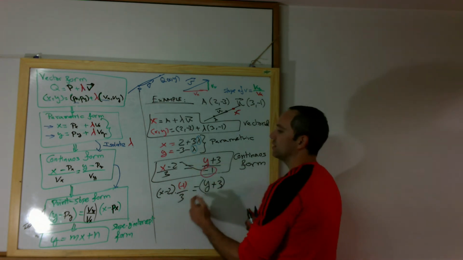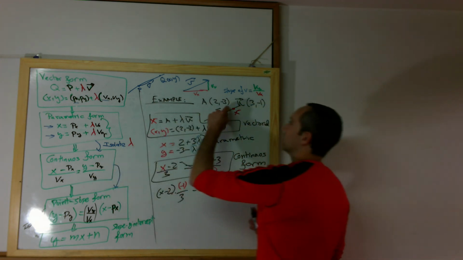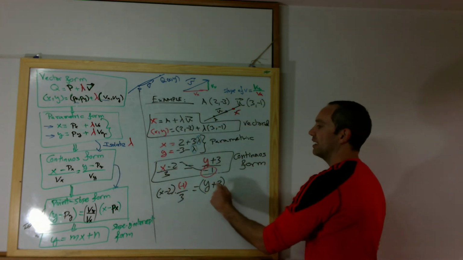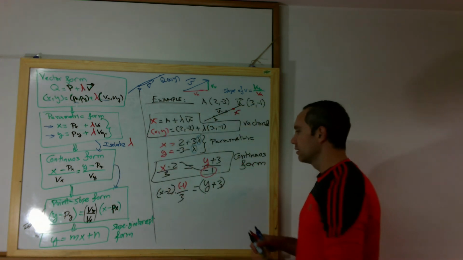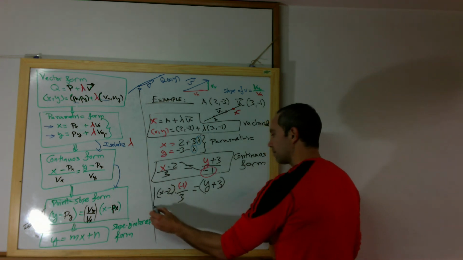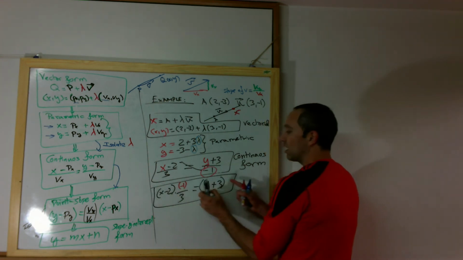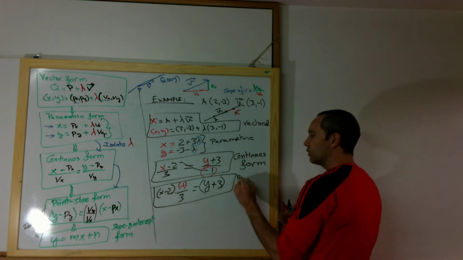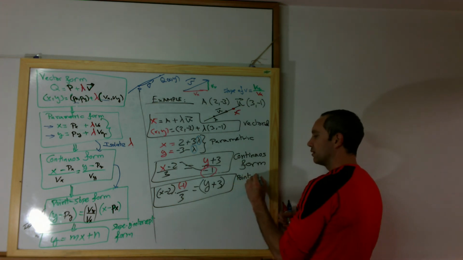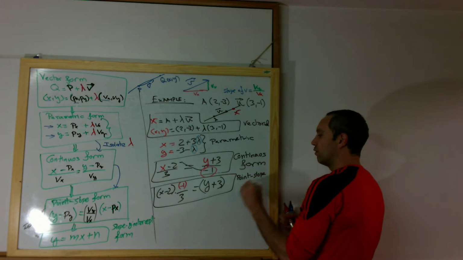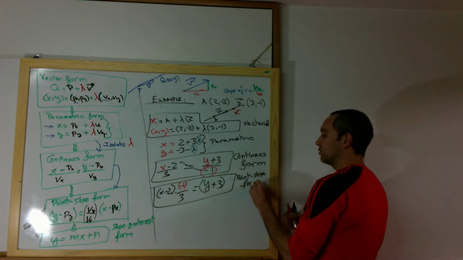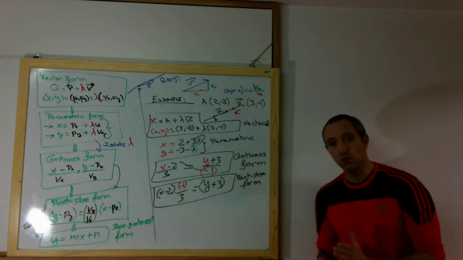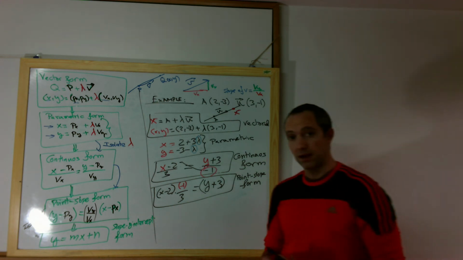Because it was negative 3. So y minus negative 3, negative times negative is positive. Alright? So this one, you can write it like this or the other way around, it's the same. This is what we call the point slope form of the equation.